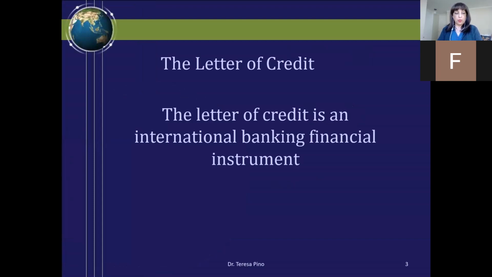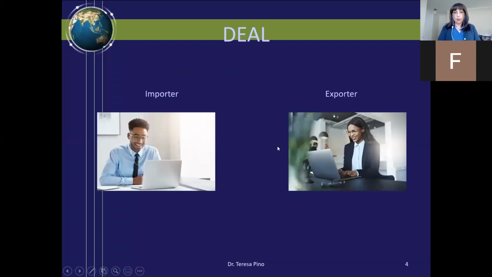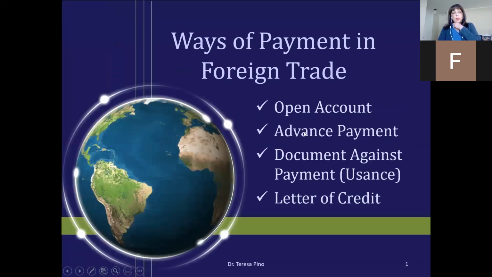It's a banking instrument that assures the importer that he or she is going to receive his or her merchandise, and obviously ensures the exporter or the broker or an agent, since we are going to be dealing not always with an exporter but also with a broker, as we're going to see in time, the money for the merchandise they're selling. Okay. So before I go into that, I have to see this first.